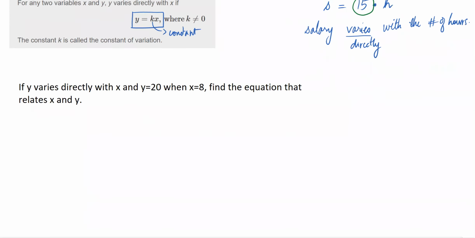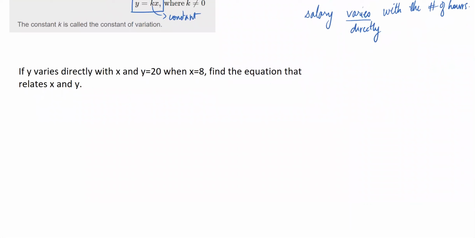Let's look at this problem and see if we can handle it. If y varies directly with x, that itself is enough clue for you.